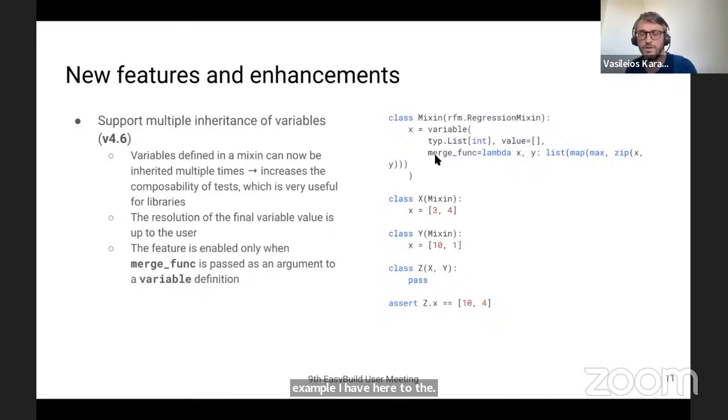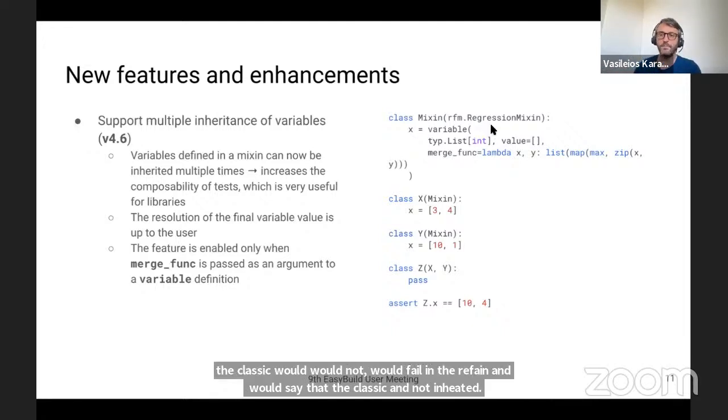In previous versions, if I didn't have this merge func argument, this example would fail in ReFrame and would say that the class C cannot define the X variable multiple times.